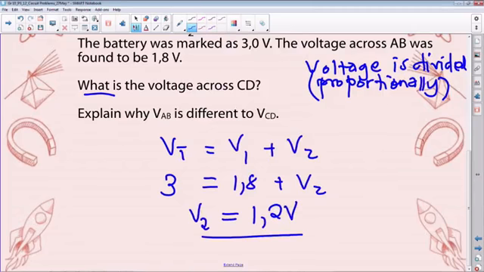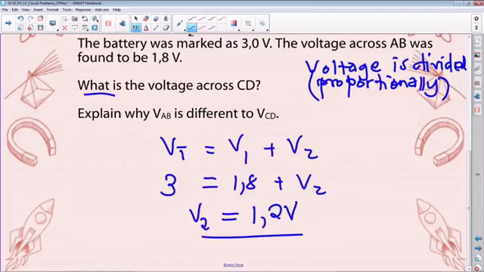Then it says here, explain why the voltage across the second bulb is different to the voltage across AB. Let's call this V1, and then this is our V2. Why are they different?